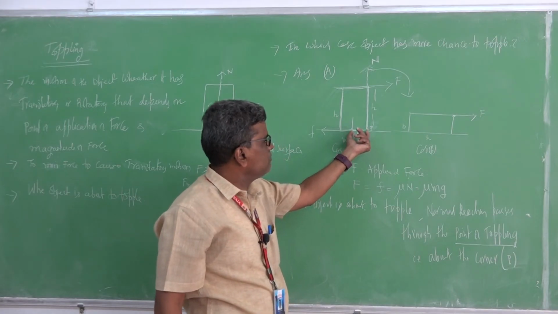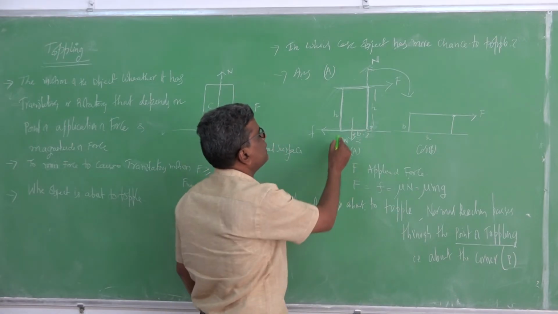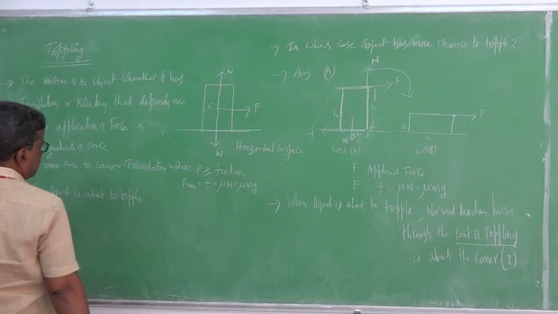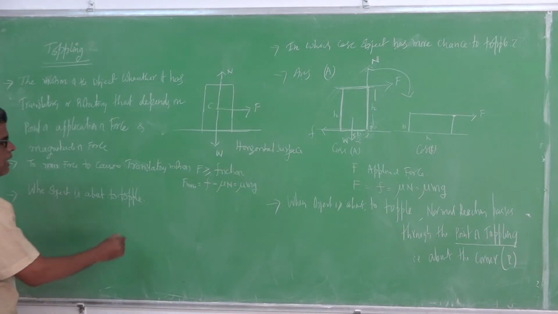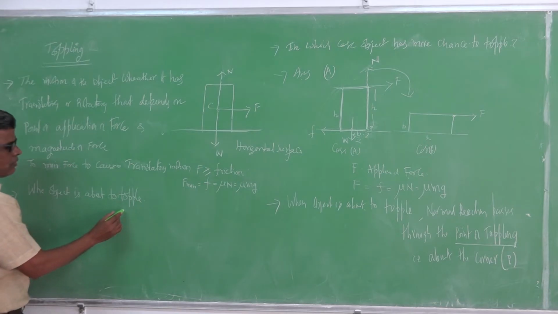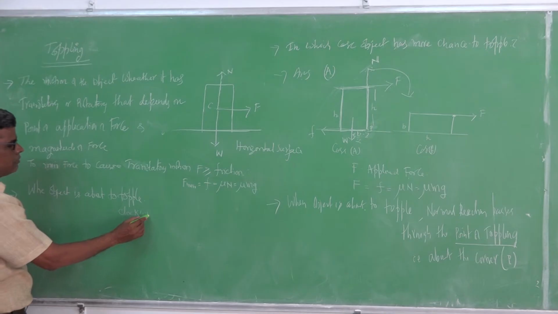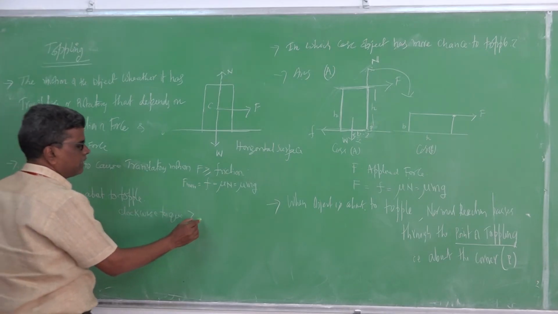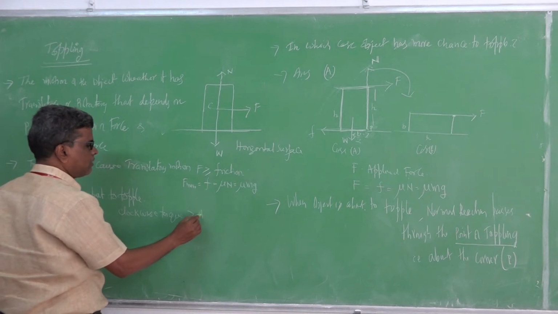This distance is b by 2, since I assumed the total as b. So when the object is about to topple, the clockwise torque should be greater than or equal to the anti-clockwise torque.